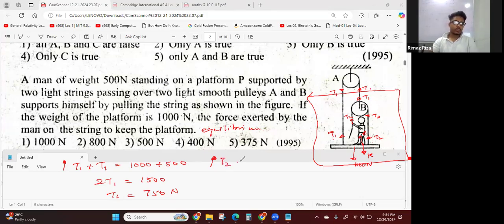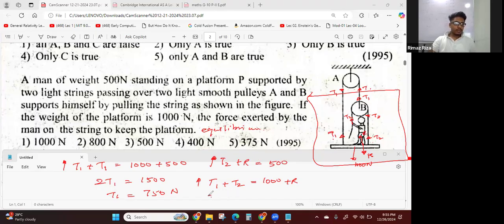And here the normal reaction force R plus T2 is equal to the weight of the boy, which is 500. So T2 plus R equals 500. Then we consider the force equilibrium of this platform. P1 plus P2, those are the upward forces, is equal to 1000, the weight of the platform, plus the normal reaction force R. Here I can substitute R as 500 minus P2.